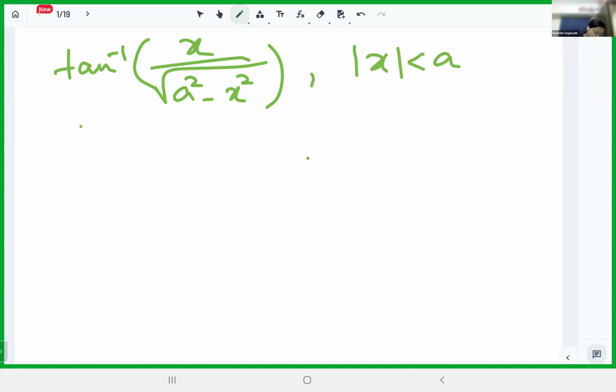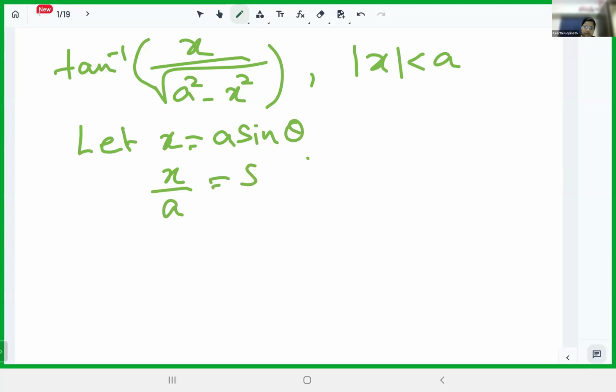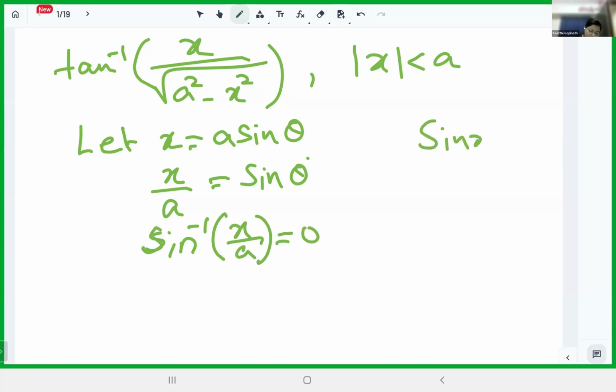For that, I am putting x is equal to a sine theta. Here I am substituting a sine theta instead of x. So what can you say about x by a? If x is a sine theta, x by a is nothing but sine theta, right? According to the definition of inverse, we can write this as sine inverse of x by a is equal to theta.